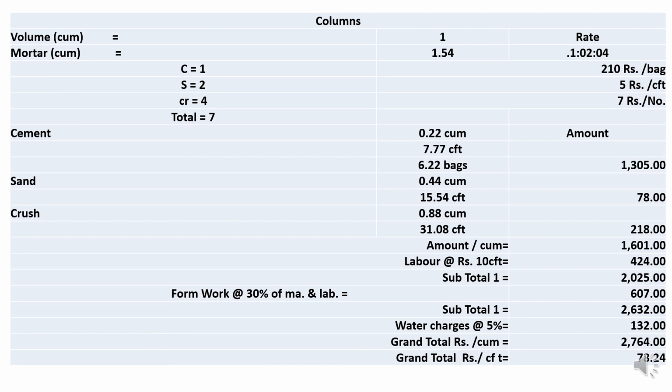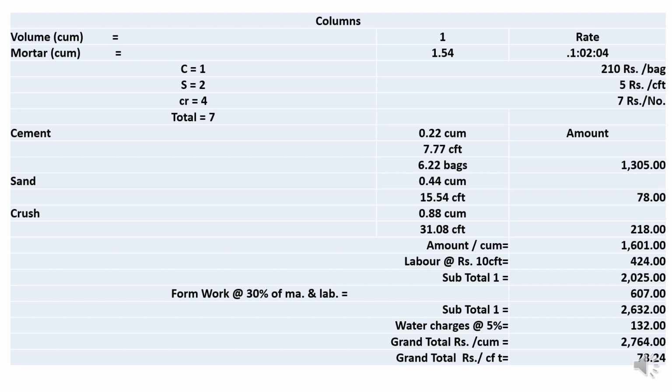Column, volume is equal to 1 cubic meter, that is 1.54 dry mortar we require, ratio is 1:2:4. The same way cement will be 6.22 bags 1305, sand 15.54 CFT 78 rupees, aggregates 31.08 CFT 218 rupees, total will be 1601.